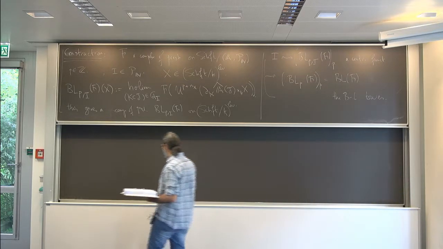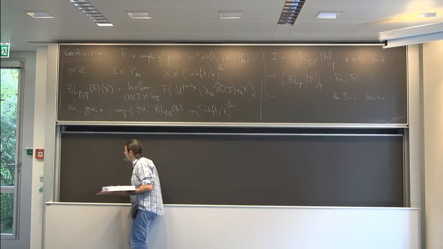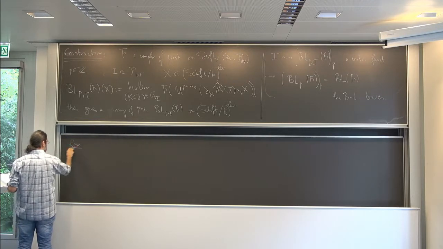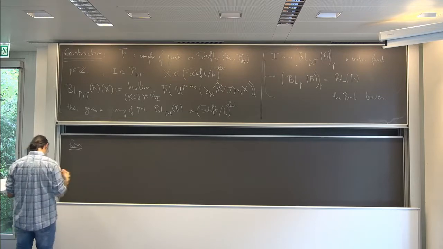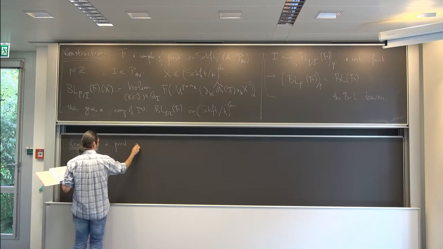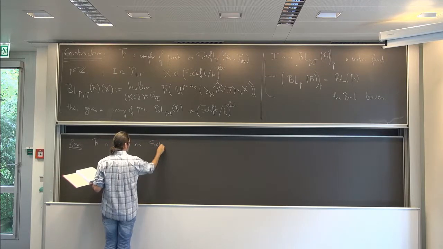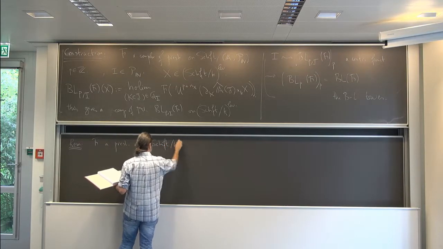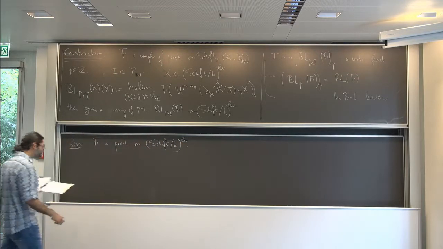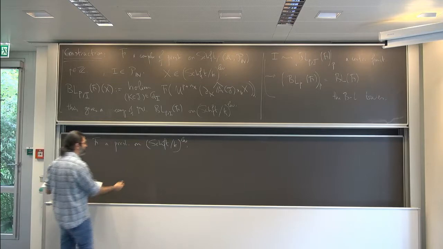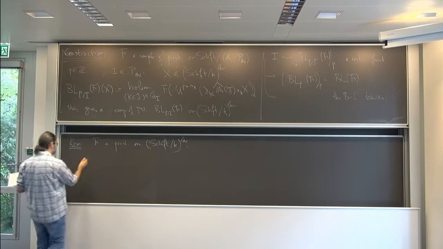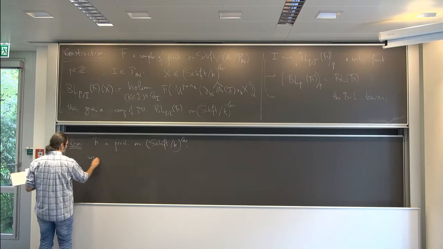Here's a remark which I will use later. If you have F a presheaf on, let's say, finite type leveled schemes, then there is a way to associate to this a presheaf on just finite type schemes, and it's very simple.